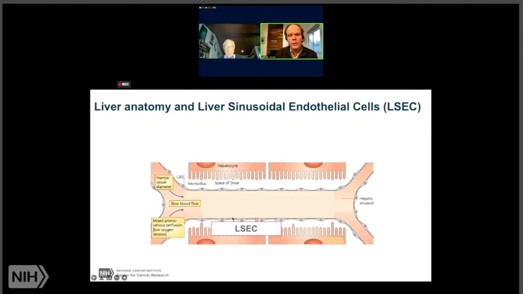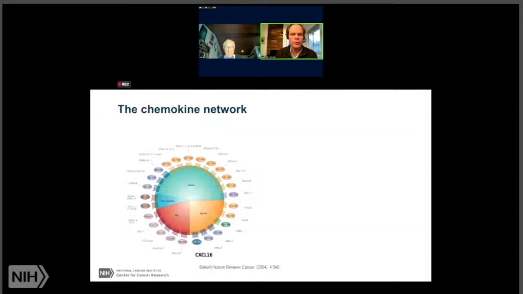And the first border that it has to go through are so-called liver sinusoid endothelial cells. We looked at these liver sinusoid endothelial cells in more detail because we asked, how can the gut microbiome actually affect NKT cells? Now, I told you that NKT cells express CXCR6.